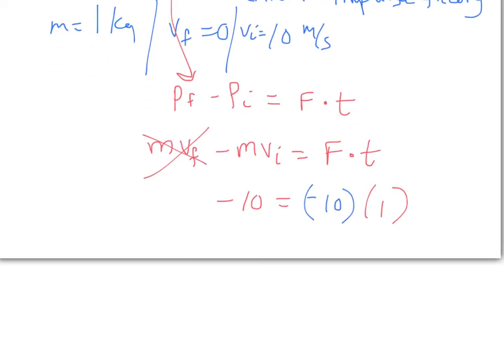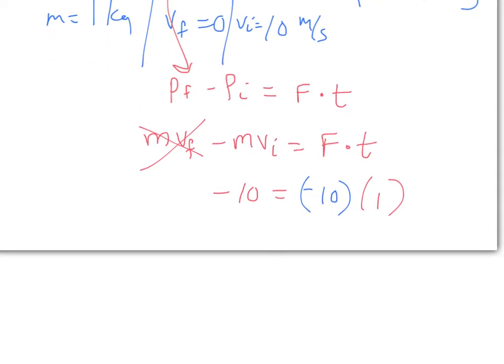Now, instead of taking 1 second to catch it, the same exact scenario, but now I take, no, 5 is too much, that doesn't make sense, 2 seconds to catch it. What would the force now be?